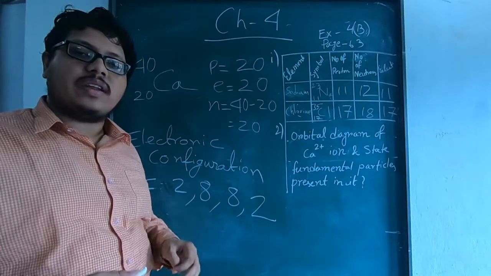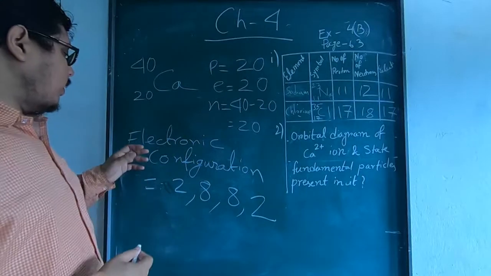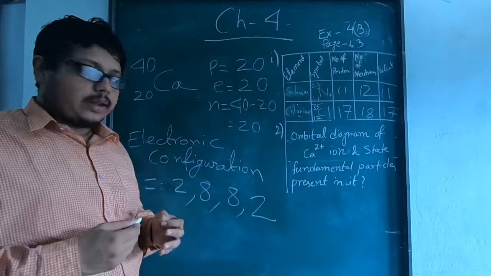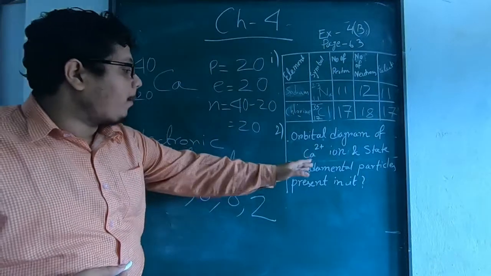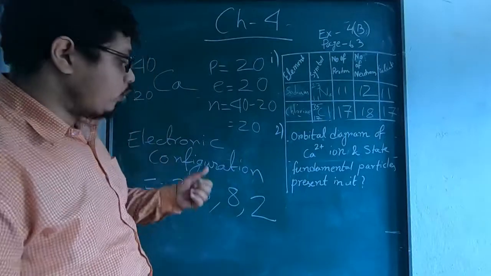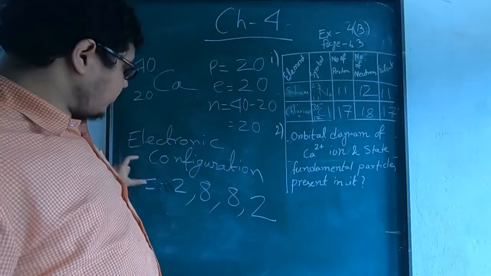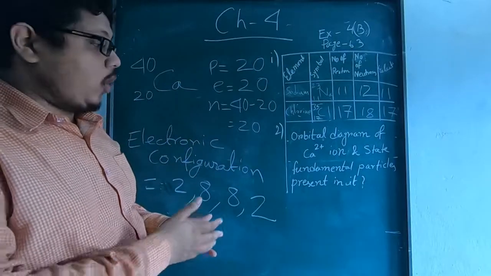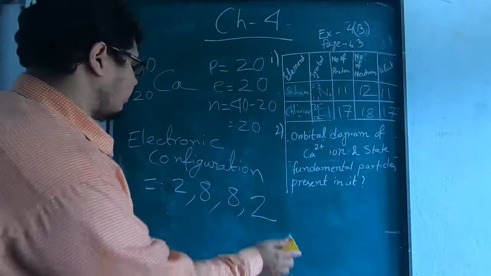Now the number of electrons in the calcium ion will be a bit different. If we know this electronic configuration, we can do the orbital structure, is it not?